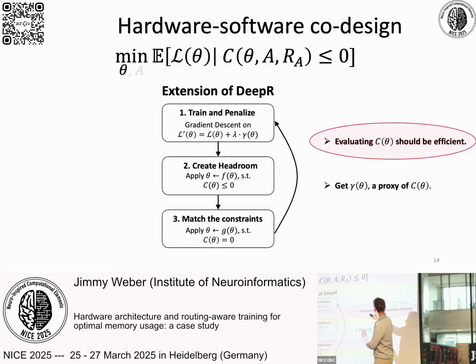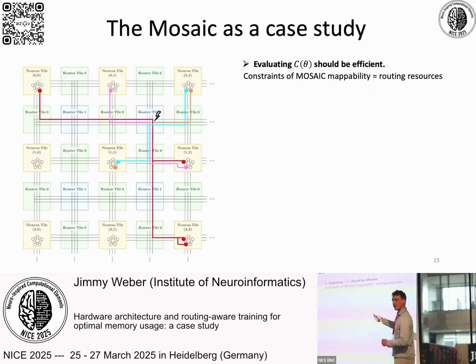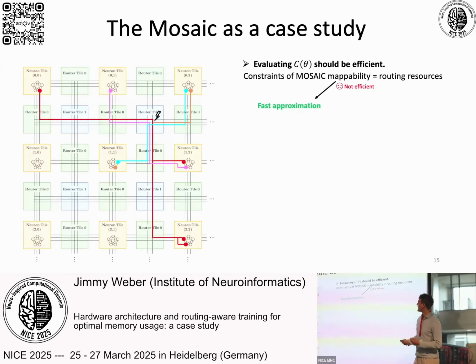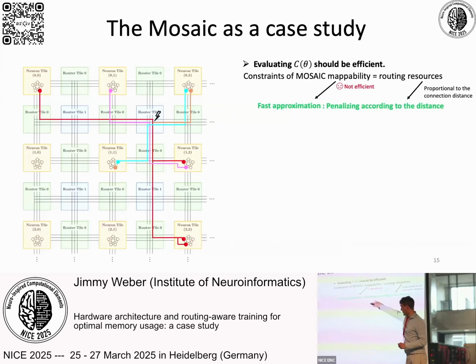You just need the constraints and the gamma, without going through all the hassle I'm about to describe. But we wanted to do it for Mosaic. Evaluating the constraint was quite intensive, so we required a fast approximation. This approximation should take inspiration from the fact that our bottleneck is the routing resources, so it should penalize according to distance, since a longer route in Mosaic consumes more resources.